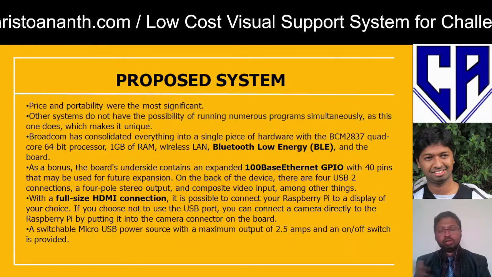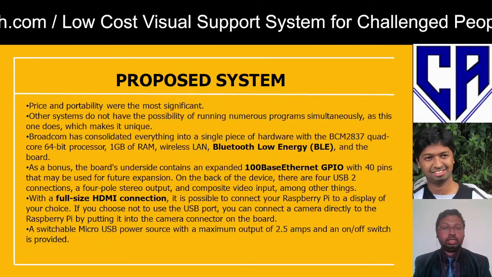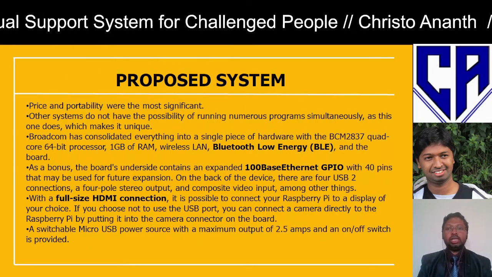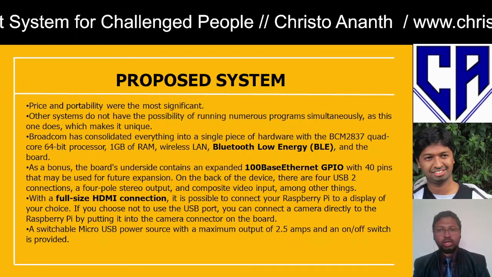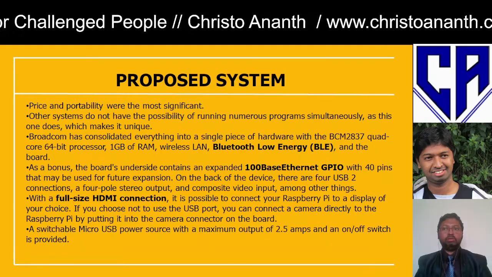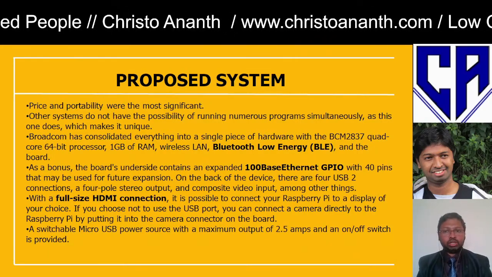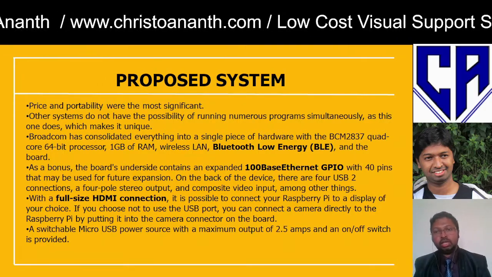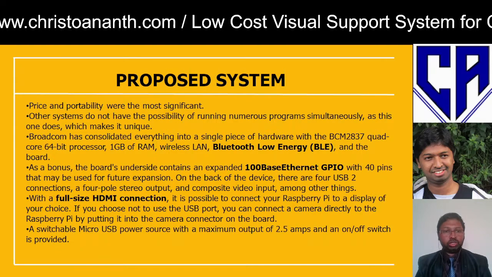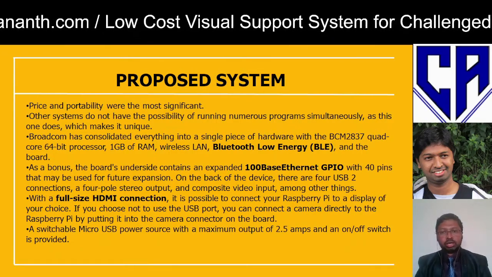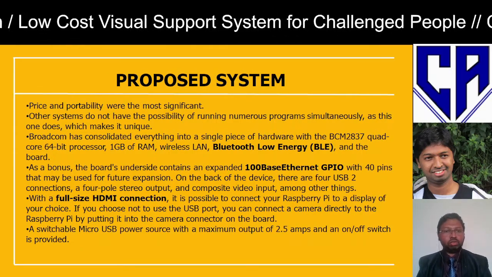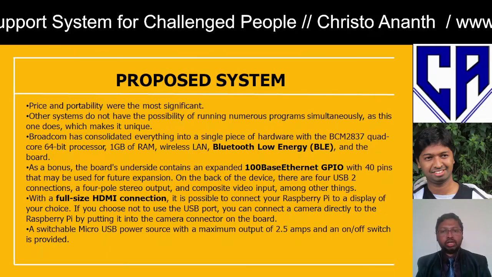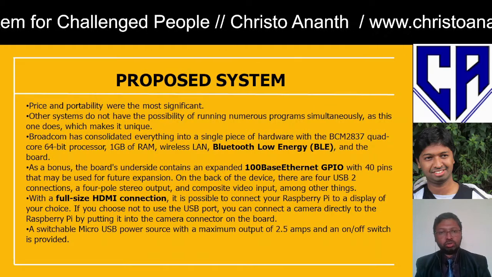We have 1 GB of RAM, internal as well as external memory, wireless LAN, and a BLE, Bluetooth low energy module, and then of course we have the board. With these features, there is the added advantage of 100 base Ethernet and GPIO with 40 pins. At the back of the device we have four USB 2 connections, a 4-pole stereo output, and a composite video input.